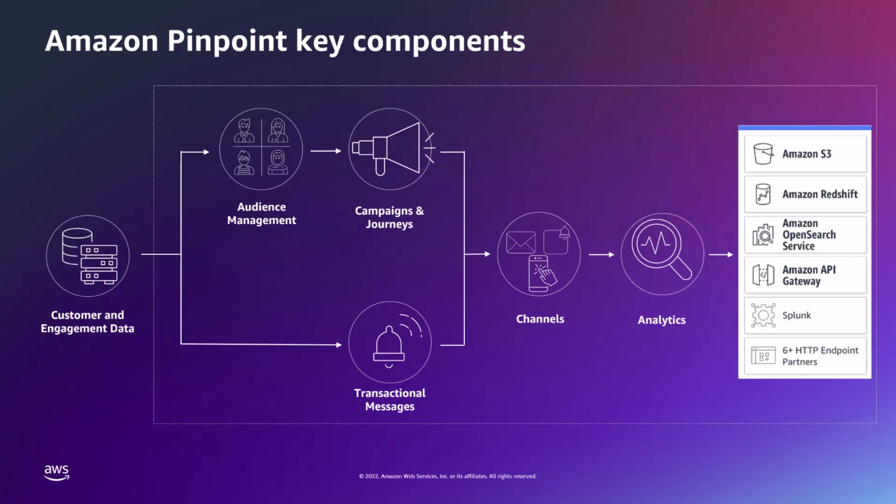Regarding analytics, Amazon Pinpoint captures customer engagement events such as email links clicked, email sent, and SMS delivered. These events are used to monitor your campaigns, journeys, and transactional messages performance via their respective dashboards. Amazon Pinpoint integrates with Amazon Kinesis Data Firehose, which is an extract, transform, and load service, allowing you to stream all Amazon Pinpoint events to a variety of other AWS services, including databases such as Amazon Redshift.